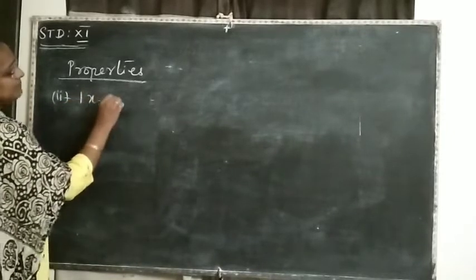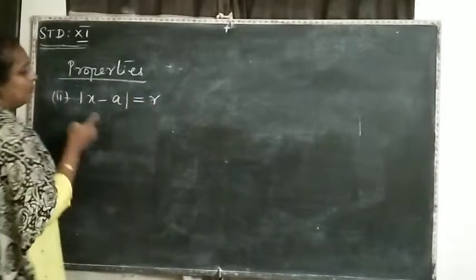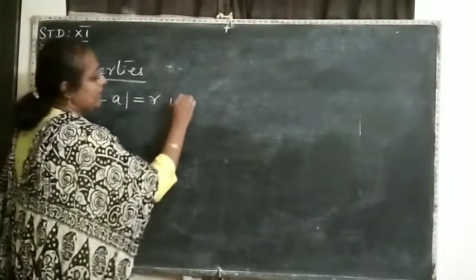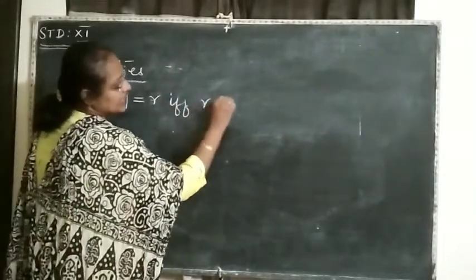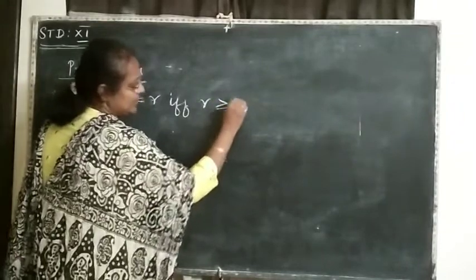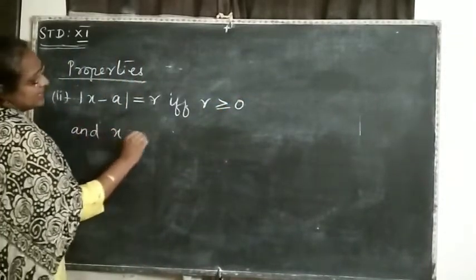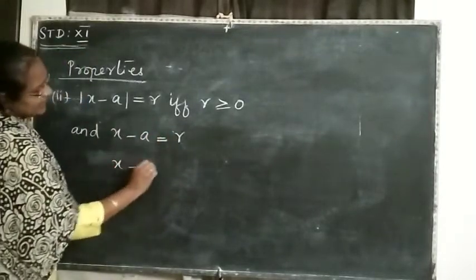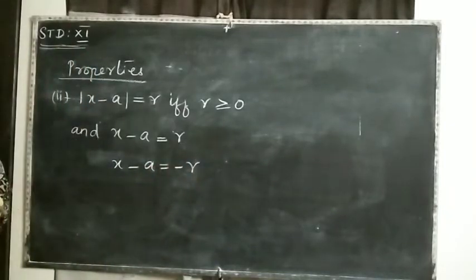Modulus of x minus a will be equal to r if and only if r is greater than or equal to 0 and x minus a is equal to r and x minus a is equal to minus r. Okay, is it clear for you?